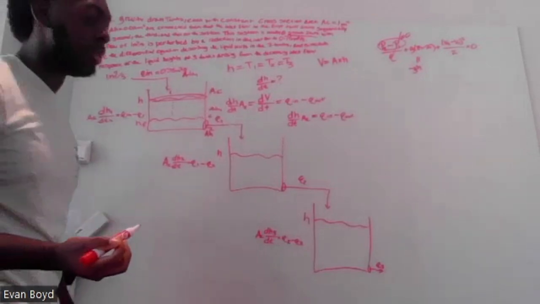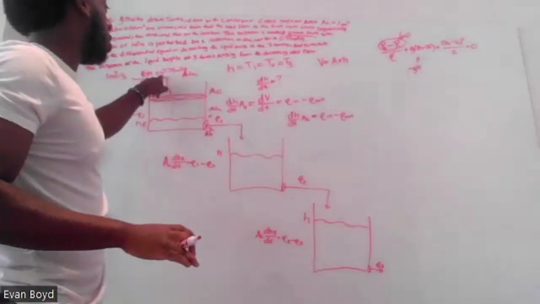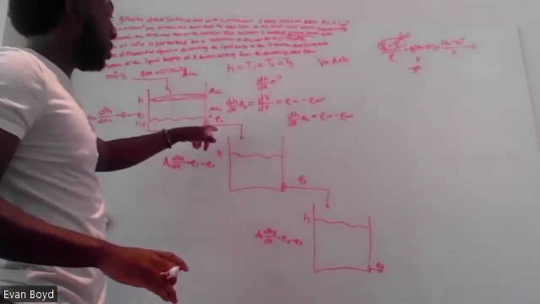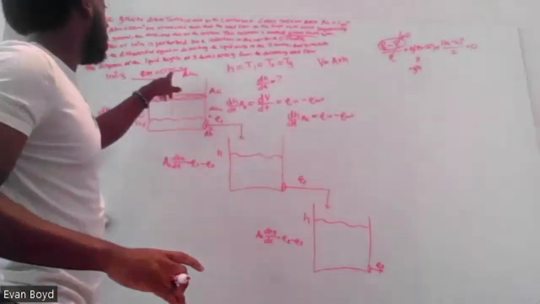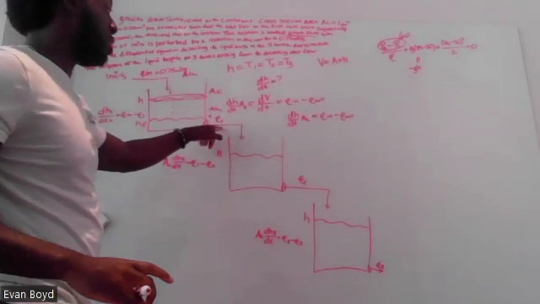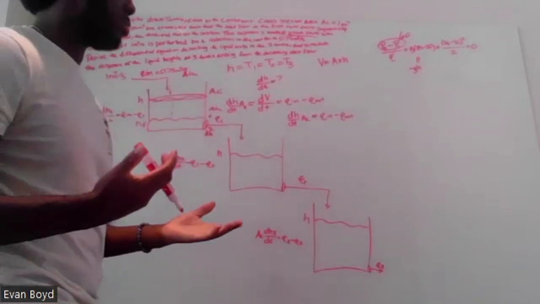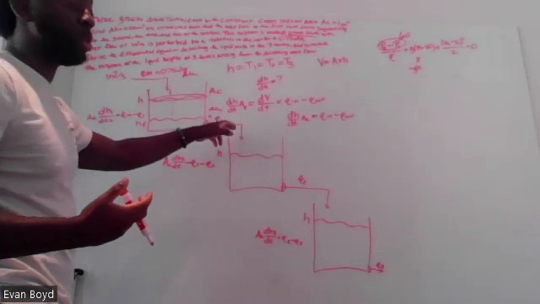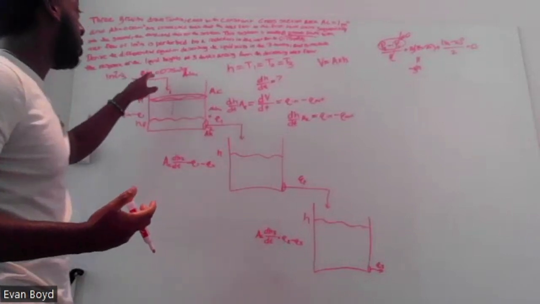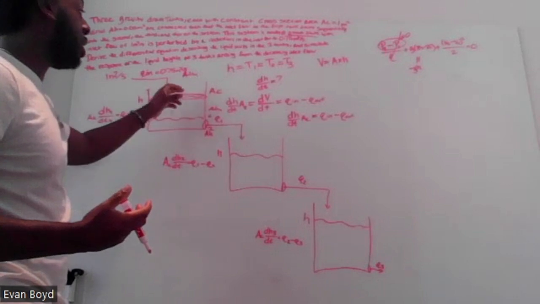When this change occurs, the outlet won't be affected instantly. The inlet velocity and the outlet velocity will still be different. The outlet velocity in tank 1 will still be greater than the inlet velocity in tank 1, because it takes time.